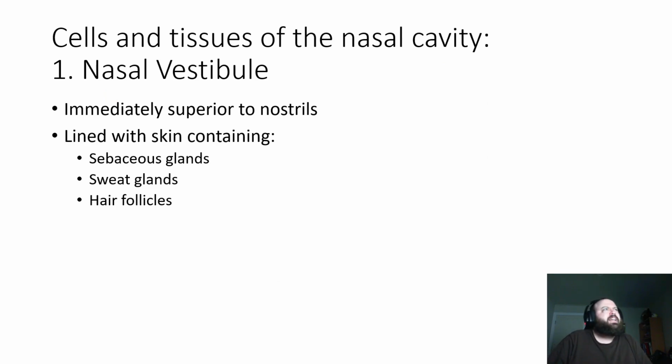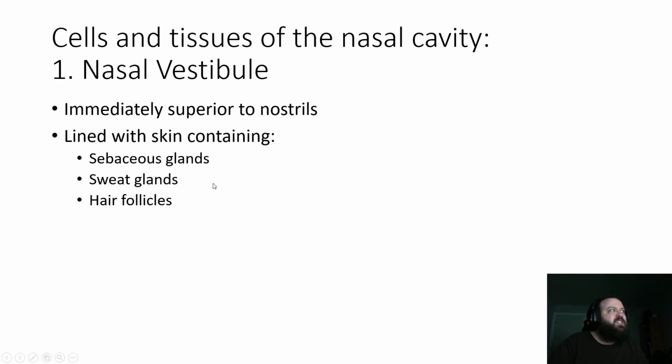When we talk about the nasal cavity, we have to talk about the tissues. As I already mentioned, but I want to make sure that I've got it in written form as well, the nasal vestibule is the region immediately superior to the nostrils. It's lined with skin, so stratified squamous epithelium. And just like our skin, it has sebaceous glands to produce oil, low pH material to make the skin more pliable and also fight off microorganisms.